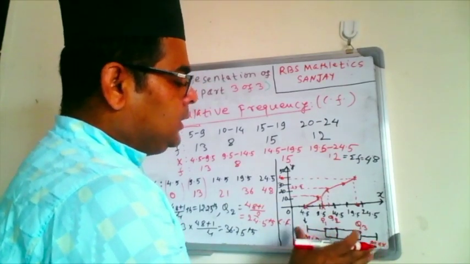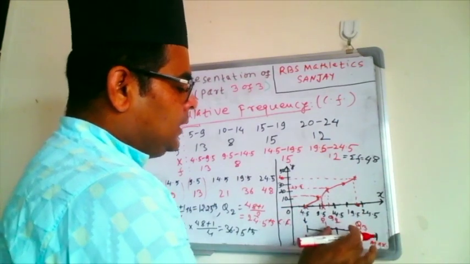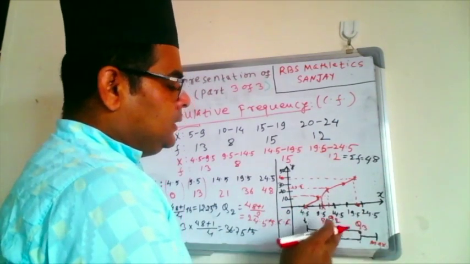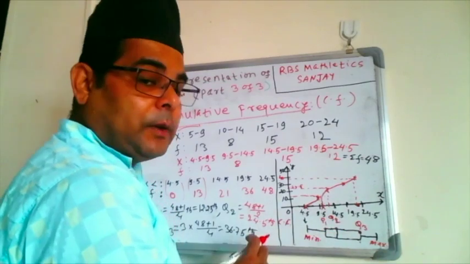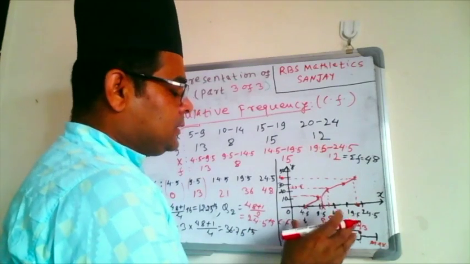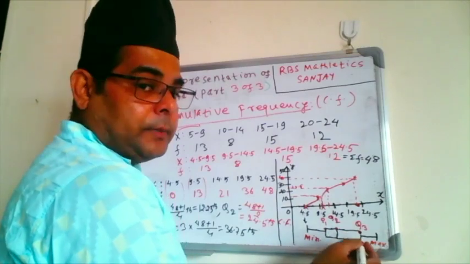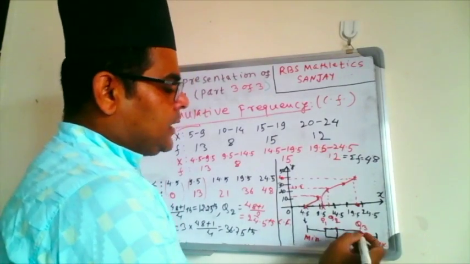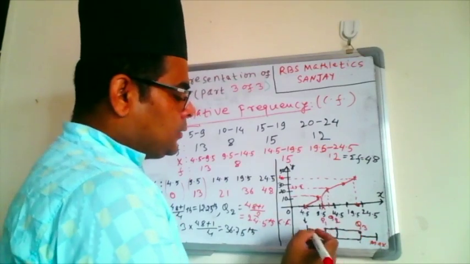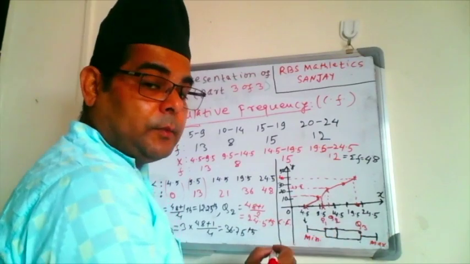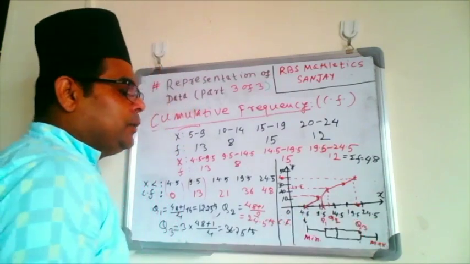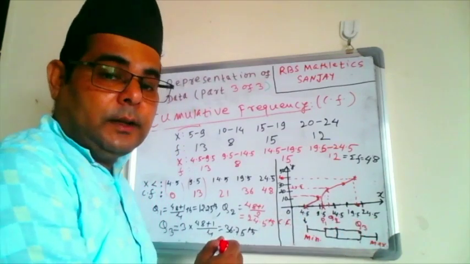By taking all these five things, I have drawn this diagram, and the five pieces of information are called the five-number summary. By means of this five-number summary, I have this diagram. This is called the box and whisker diagram. Inside is the box, and outside, containing the minimum and maximum values, are the whiskers. Combined, we can say this is the box and whisker diagram.